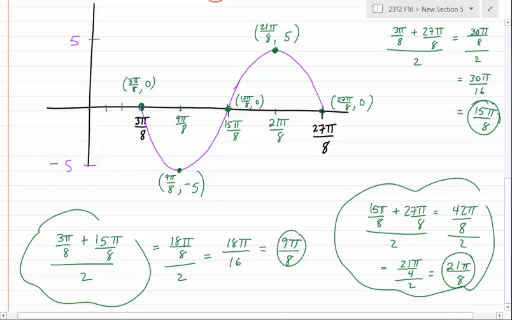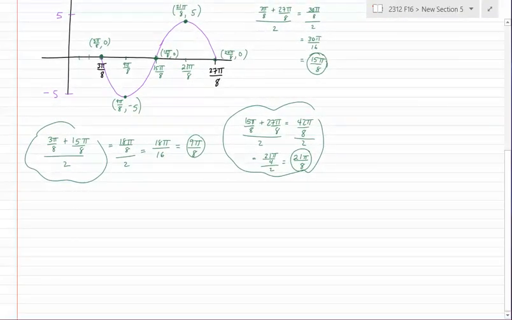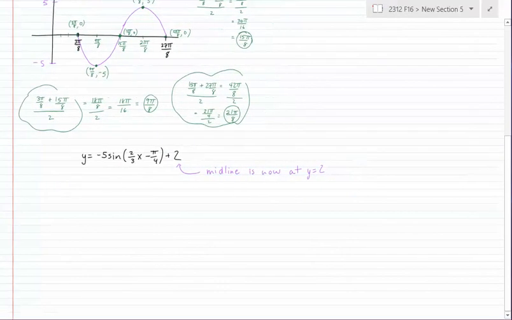If the graph had been shifted up or down, so let's zoom out and just quickly talk about what if it had been y equals -5 sine of, same thing, 2/3 x minus pi over 4, plus 2. Well, it's going to be exactly the same except the midline, the middle of the graph, shifted up 2. So I'm going to zoom out a lot, but I'm going to just quickly show you.